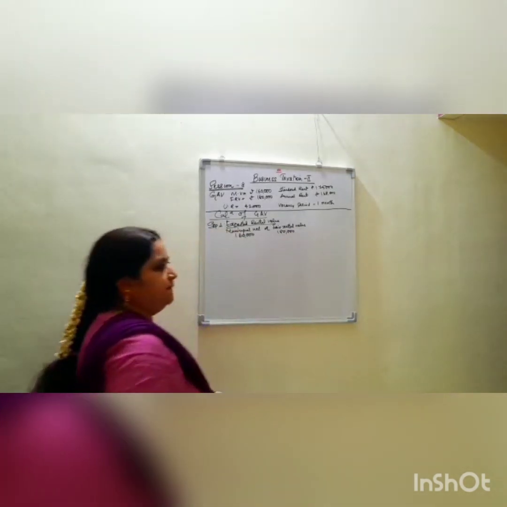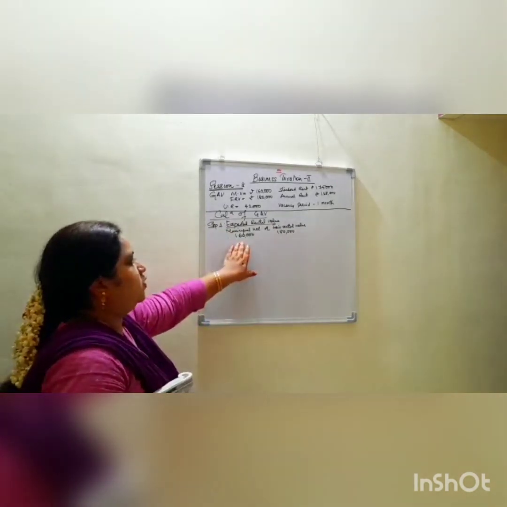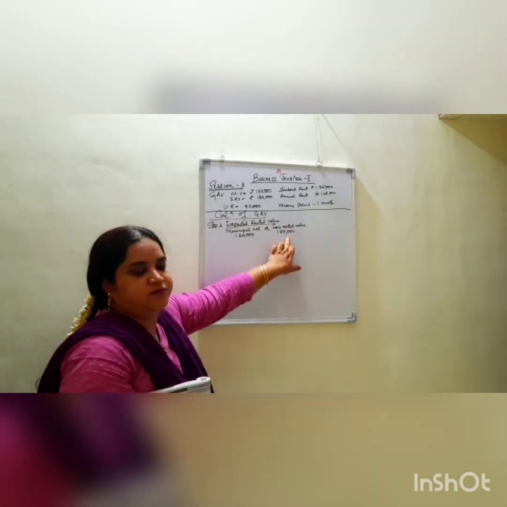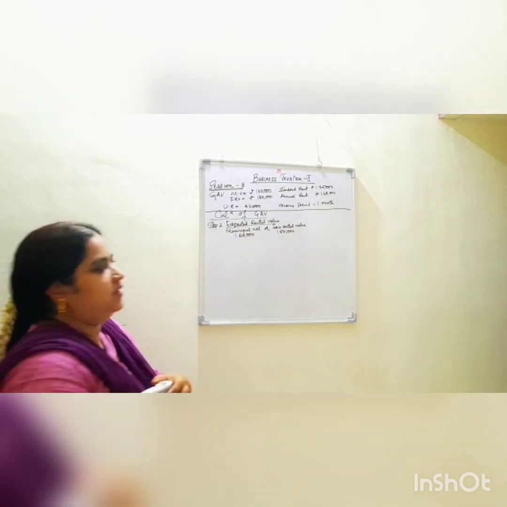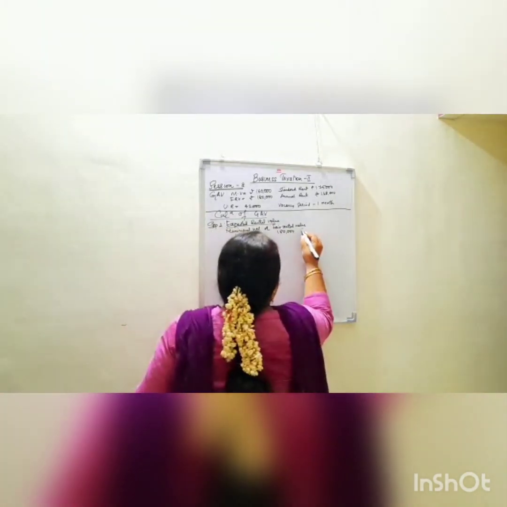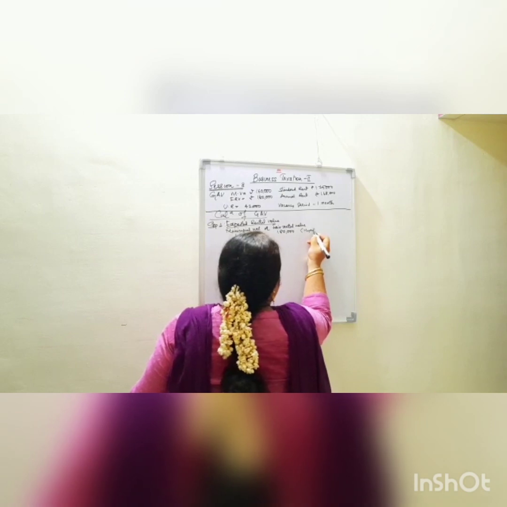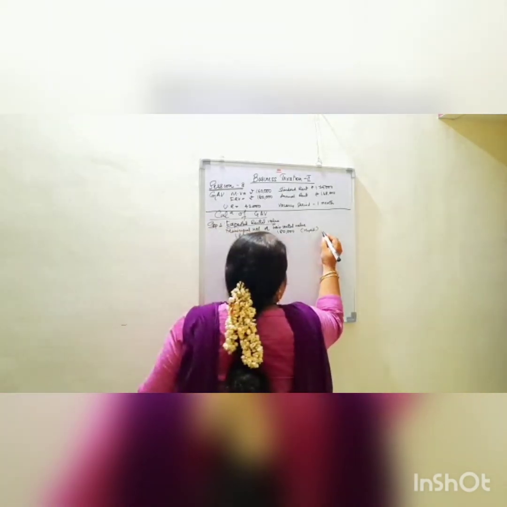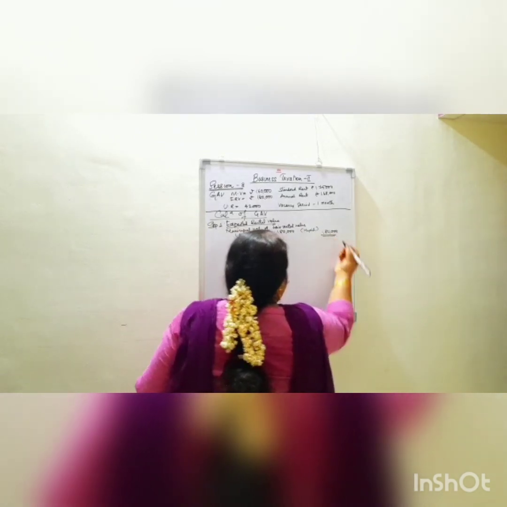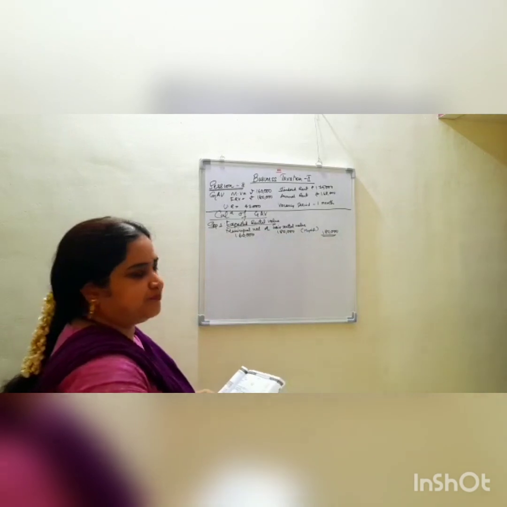So first we should compare the municipal value with that of the fair rental value and find out which is the highest value. After comparing this, we can conclude that 1,80,000 is the highest value.